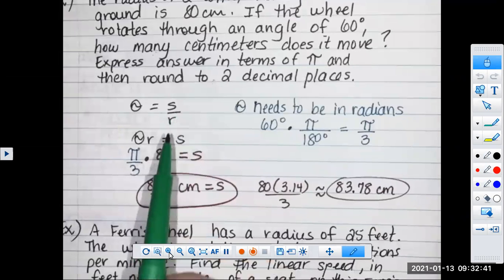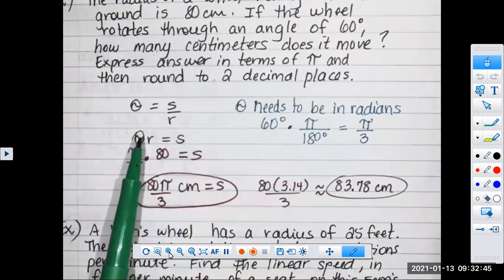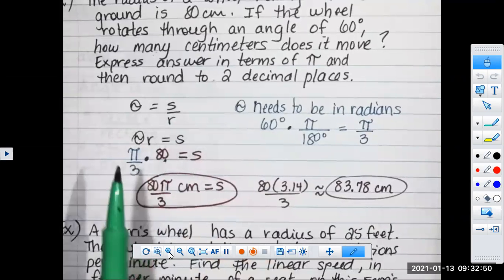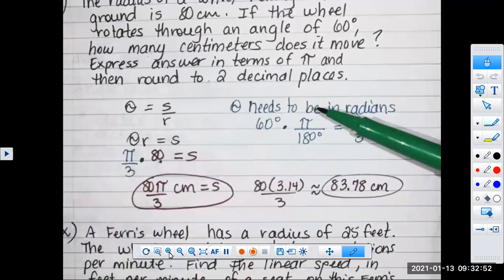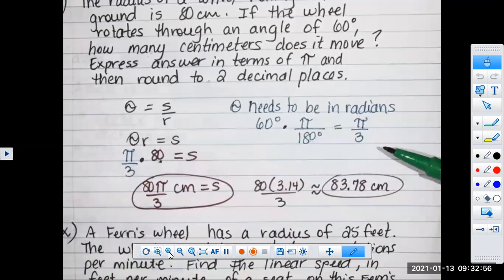So S equals your angle in radians times your radius, which was 80. The first thing you have to do is convert that 60 degrees over to radians. So it'll be pi over 3. And then go through and plug in.